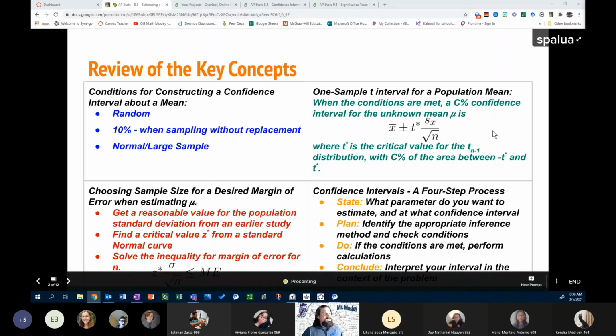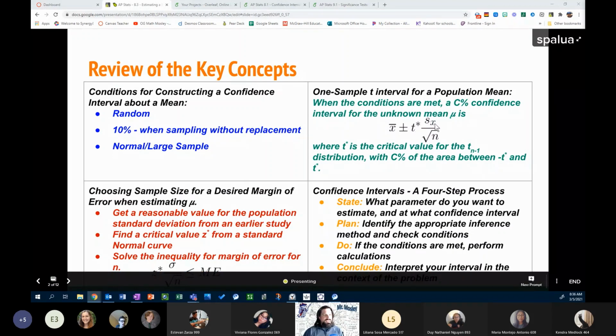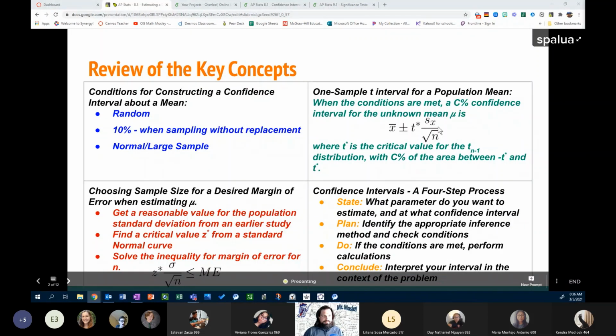We then use the one sample t interval for a population mean. That is our inference method. Right? When the conditions are met, a C% confidence interval for the unknown mean mu is x bar plus or minus t star times s sub x divided by square root of n. X bar is the sample mean. T star is our critical value from table B based on the degrees of freedom.